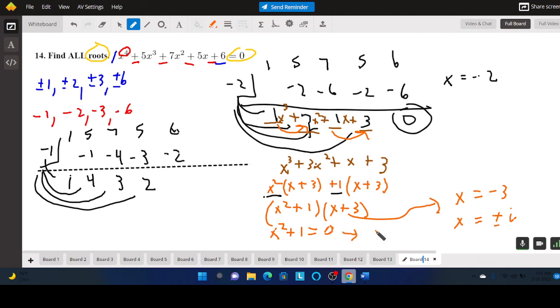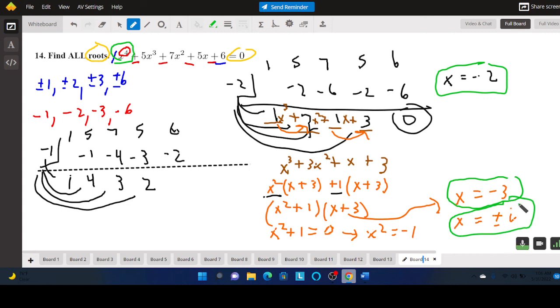Because you're looking at x squared equals negative 1. So with 4 possible roots, we have them all. There's a real root, and 2 complex roots.